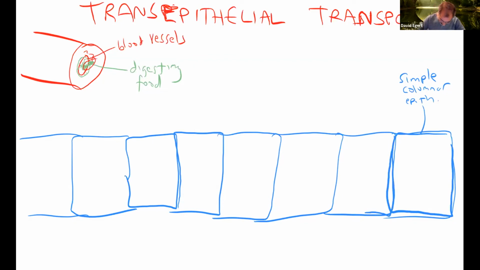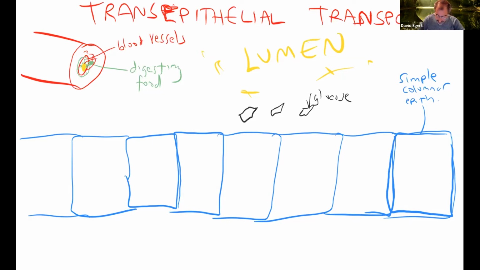This is going to be the lumen, lumen meaning the inside, where all the food's digesting. And I'm going to be ending up with these yummy little glucoses that are the breakdown product of digestion. So I've got glucoses coming into existence during this digestive process. There's other stuff, like I said, that's going to end up being your poop and continuing on. But the glucose are interesting to us.